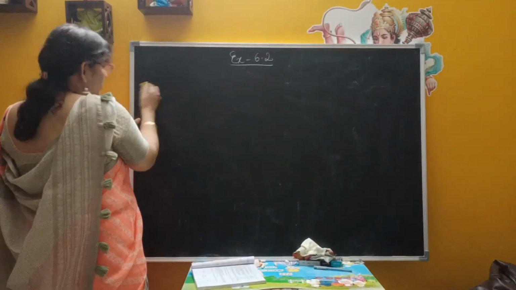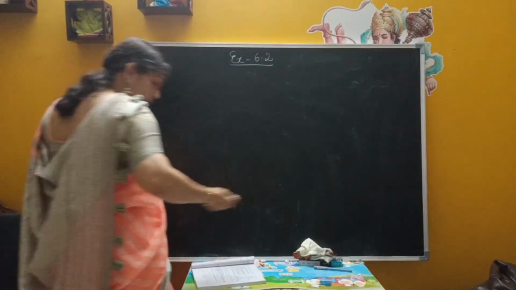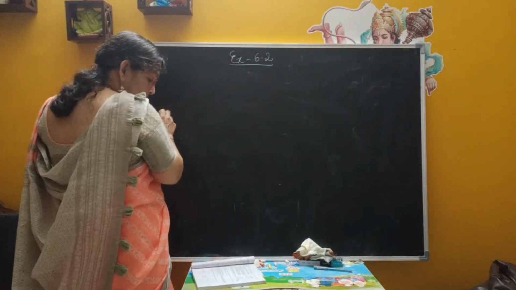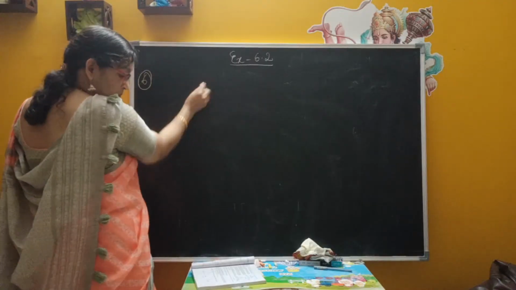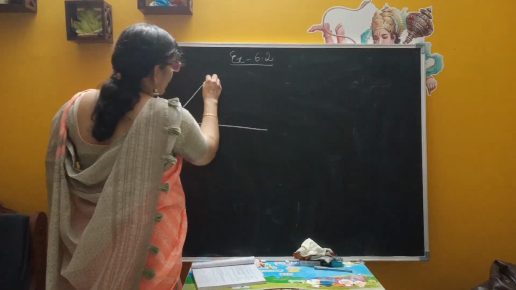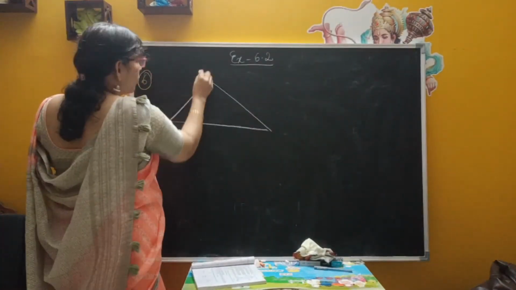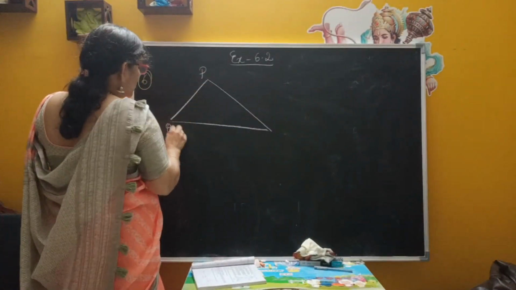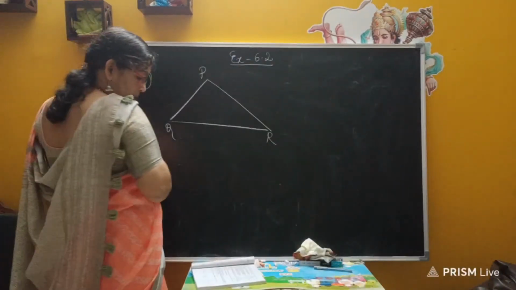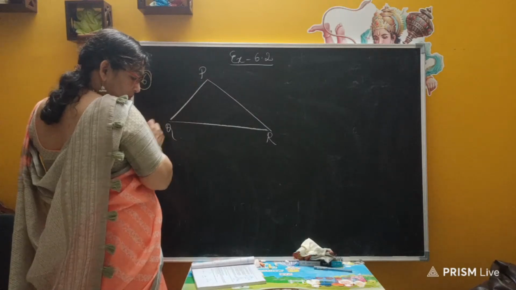This is problem number 6. Let us draw the figure 6.21. It is triangle PQR, and here one more triangle inside a triangle.